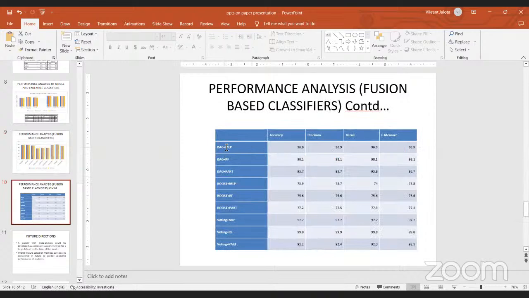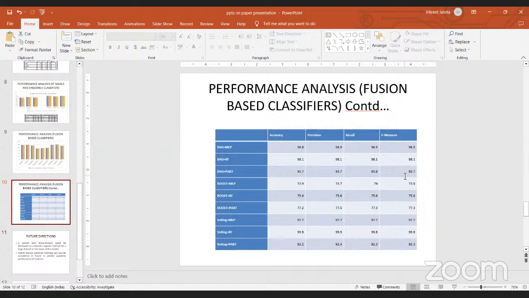Like I have used bagging plus multi-layer perceptron, bagging plus random forest, bagging plus PART. Then I have used boosting plus. So in this way, I compared the single classifiers, the ensemble, and then the hybrid version or fusion of those.